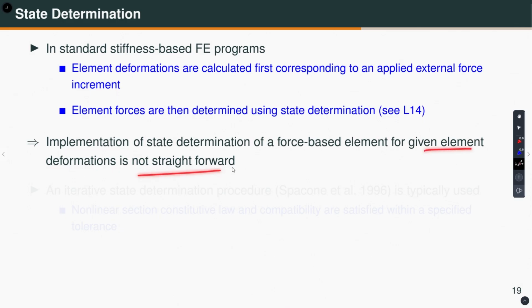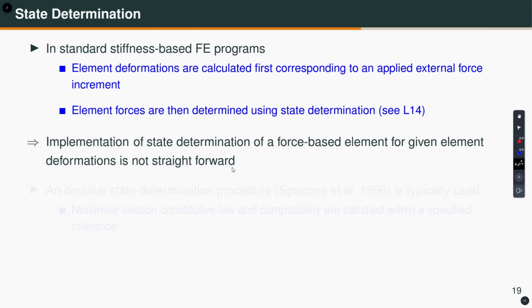Therefore, the implementation of state determination of a force based element for a given element deformation is not a straightforward job, because my element end deformations are known in a standard stiffness based finite element program, whereas the flexibility based element formulation does not take element end deformation as an input, as we have just now seen.